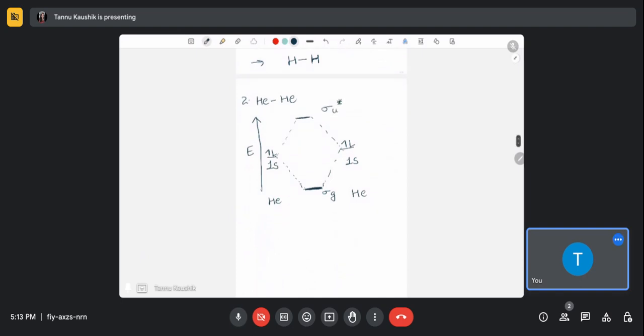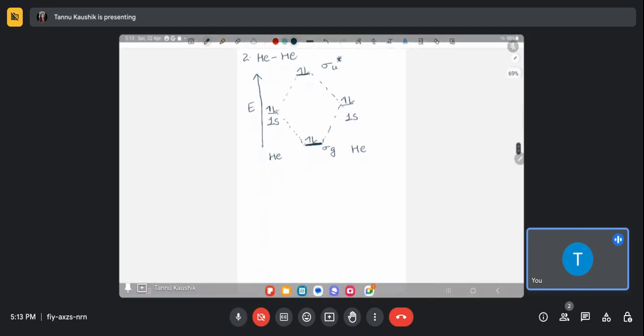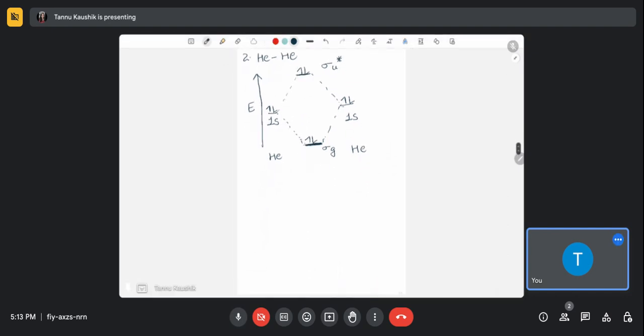When we fill these electrons into the bonding and anti-bonding molecular orbitals, they take up both of the molecular orbitals. Now, the bond order here will be the number of electrons in the bonding molecular orbital, here two electrons in the sigma g orbital, and two electrons in the anti-bonding sigma u star molecular orbital.